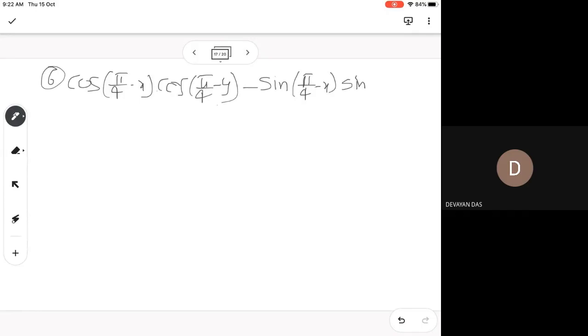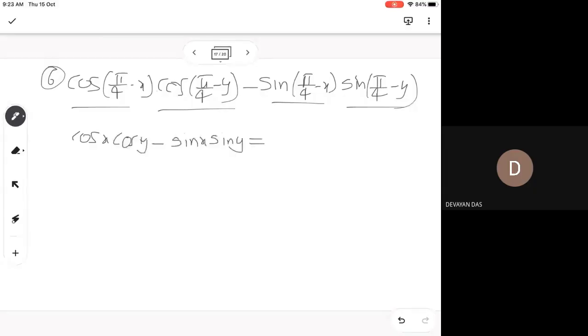So it is in what form? Cos x cos y minus sin x sin y. Is it in that form? Cos x cos y minus sin x sin y is equals to, yes, tell me, cos of x plus y.